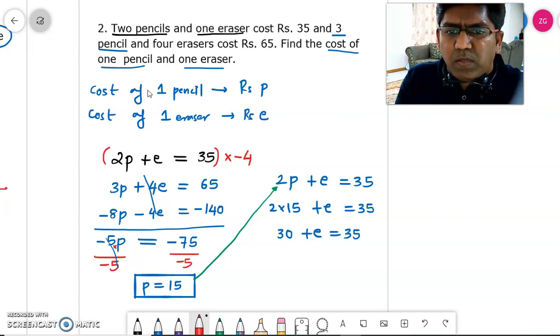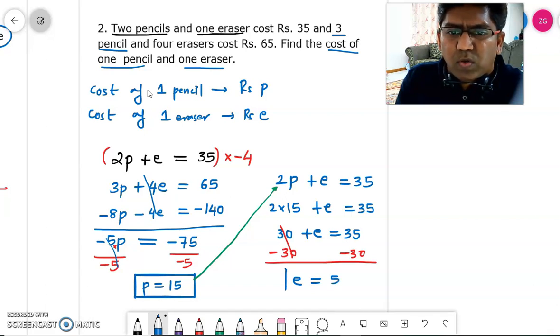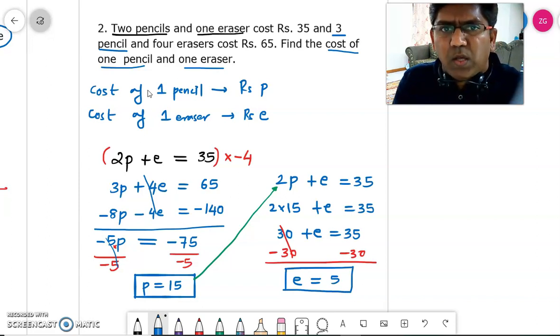You subtract 30 on each side. Minus 30 plus 30 will get cancelled. You'll get the cost of E as 35 minus 30, which is 5. So the cost of one pencil is rupees 15 and the cost of one eraser is rupees 5.